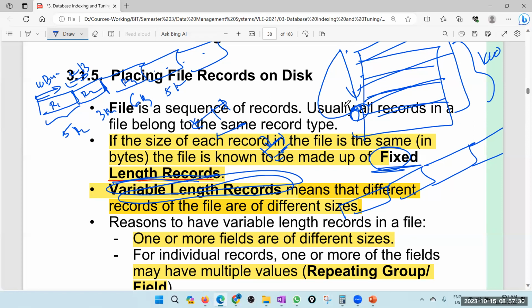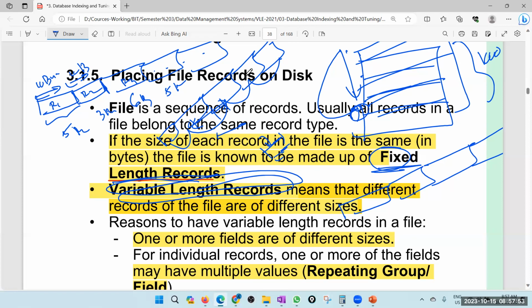But if it is variable length, because they are of different size, we have no such way to do it. So we have to sequentially go from one record to the other until we get to the correct record. So therefore, when you access a particular record in the block, in the memory, fixed width is better, more efficient.